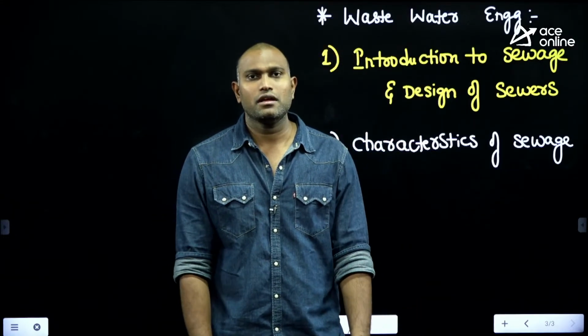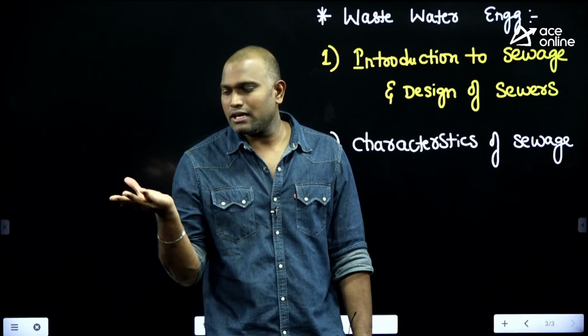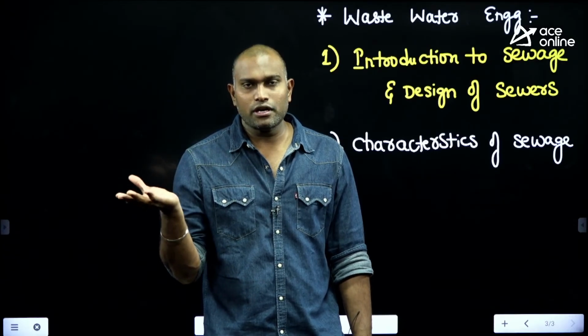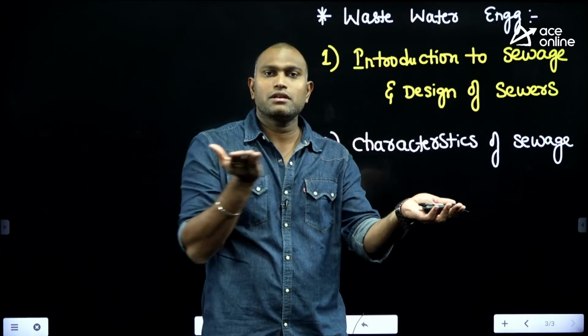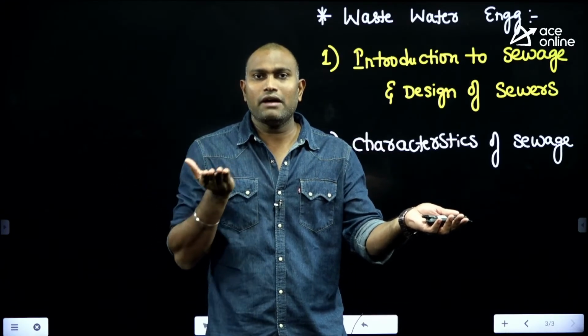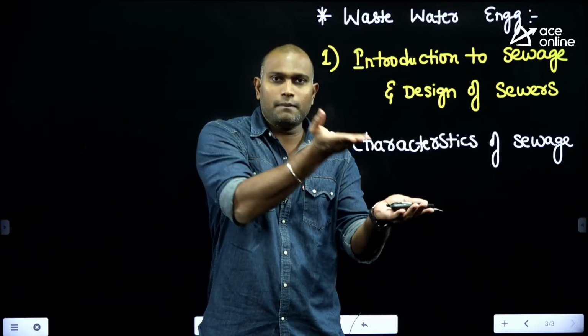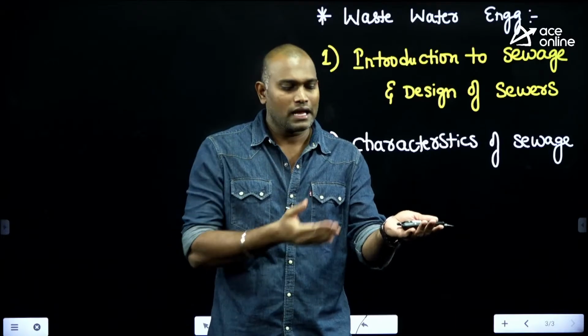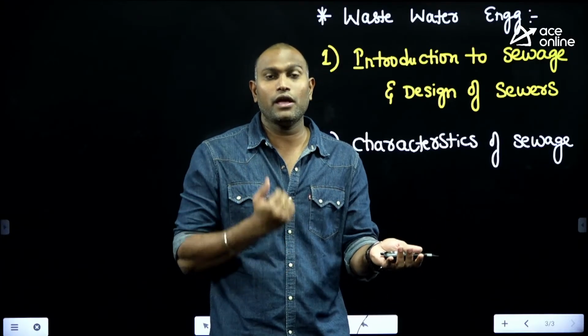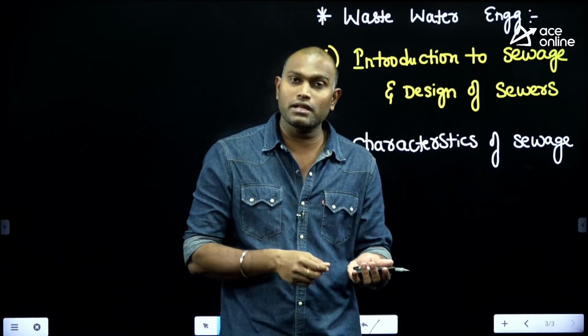Otherwise, what happens, sir? Suppose whatever wastewater is generated in the community, if you dispose that wastewater directly into the river, what happens? This wastewater will be having organic matter. When you dump it, the river has a high amount of dissolved oxygen and certain types of aerobic and anaerobic bacteria would be there.